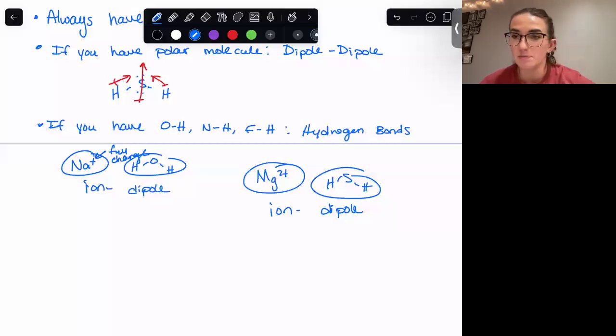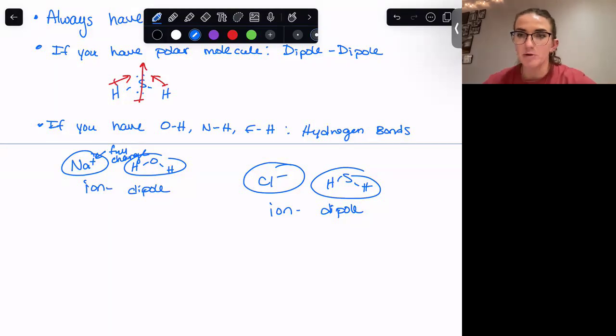Full charge means if it's a plus atom or a cation or an anion. So this would also work for chlorine minus, right? That full charge means a full plus or a full minus. Lone pairs will not necessarily create dipole moments. It will cause the symmetry of the molecule to falter, and then that might create an overall dipole moment.